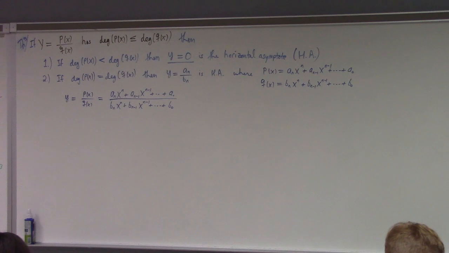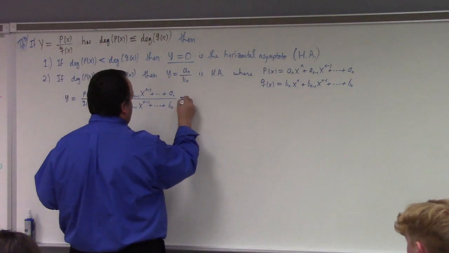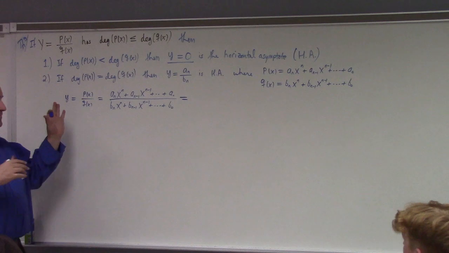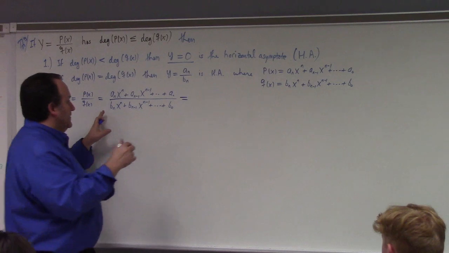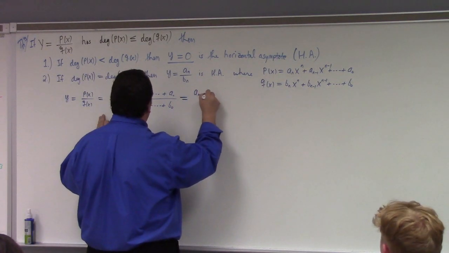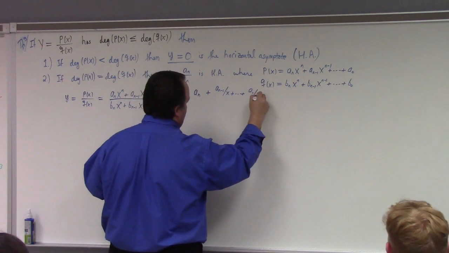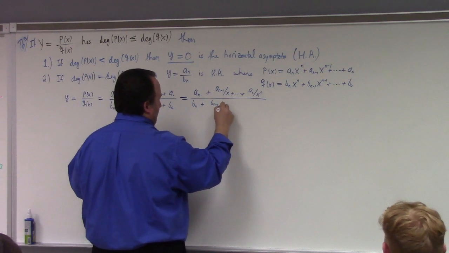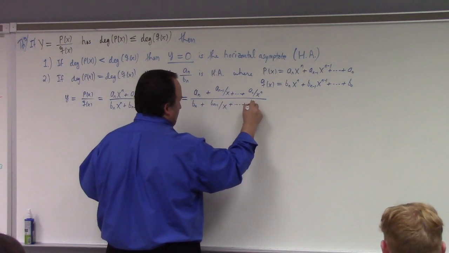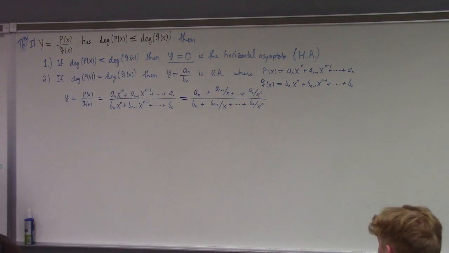I want to talk about what happens to that formula for x really, really big in either direction, plus or minus infinity. So I can divide the top and the bottom by x to the n. I get a_n plus a_(n-1) divided by x plus and so on, plus a0 divided by x to the n, over b_n plus b_(n-1) divided by x plus and so on, plus b0 divided by x to the n.